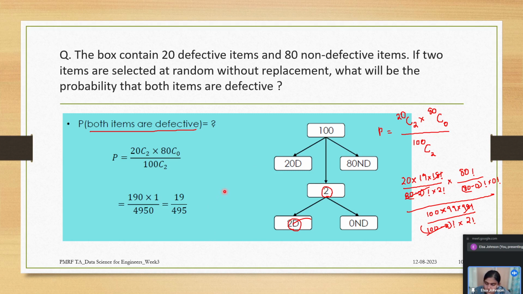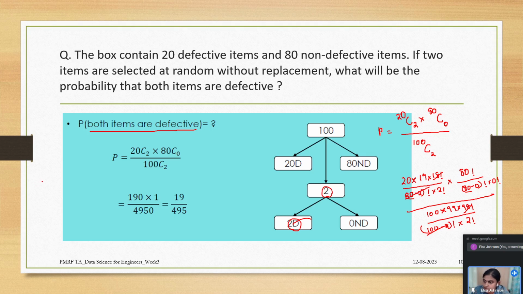So what answer are you getting, Jason? Yes, that is right. So this is how you can select it. You can just see 20 into 100 by this, that way you can calculate, but when the number of cases becomes more, then this method is fine.